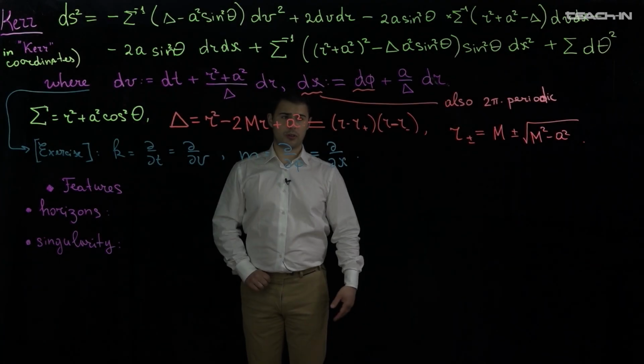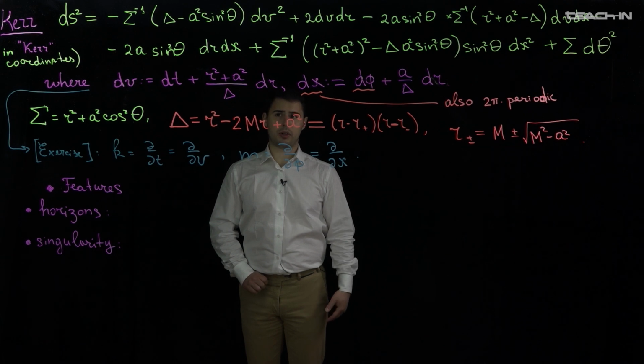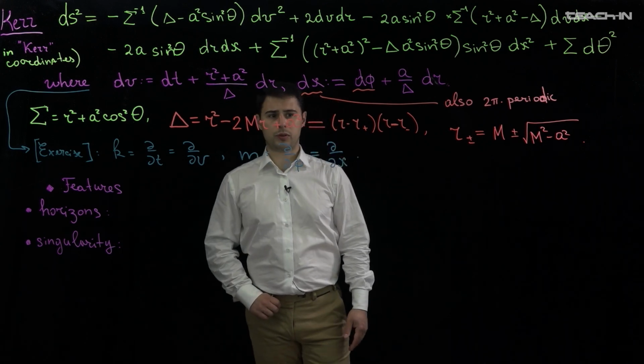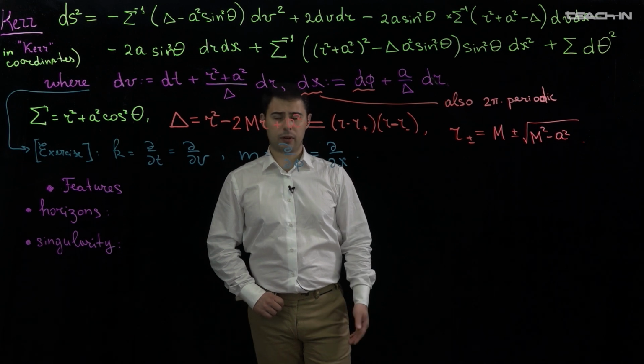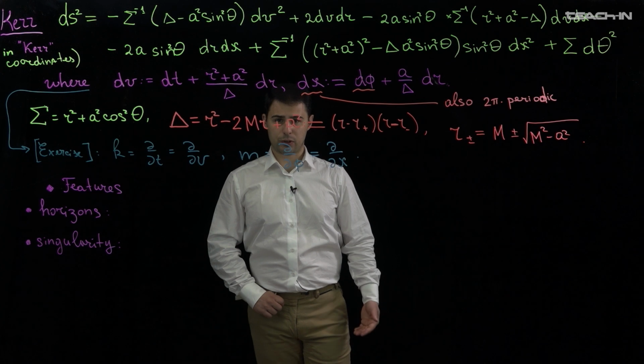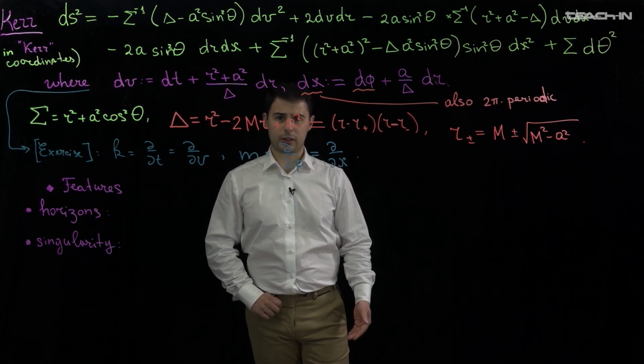So, let us assume that delta has 2 different roots. So we denote the exterior root as r plus. So here, in Kerr coordinates, the metric is regular at the roots of delta, and we can extend behind this coordinate singularity. So the roots of delta therefore correspond to horizons, and we have a similar picture to Reissner-Nordstrom, where we had an external horizon at r equals r plus, and an interior one at r equals r minus.